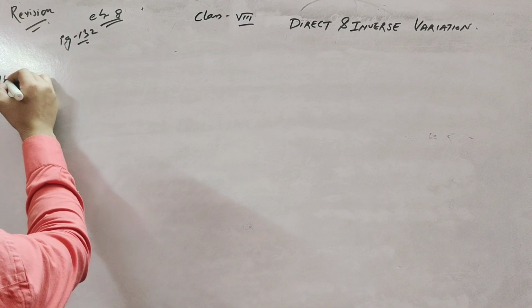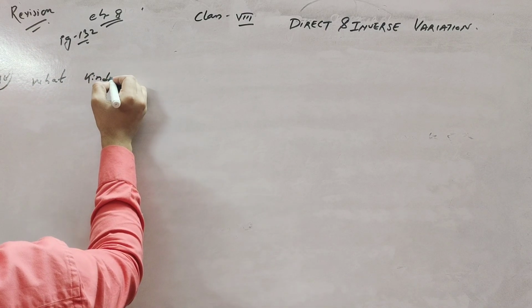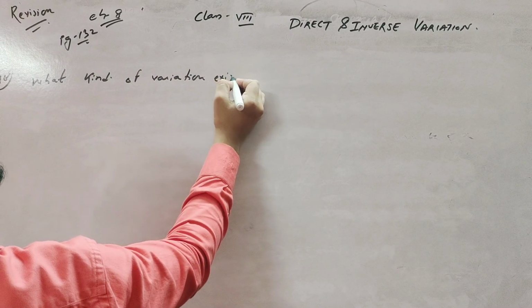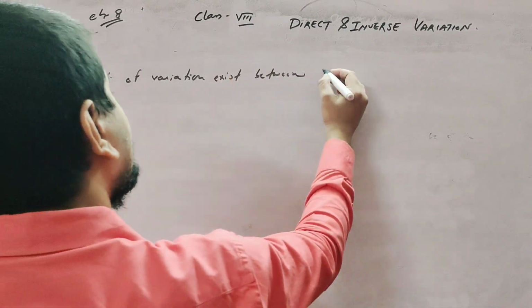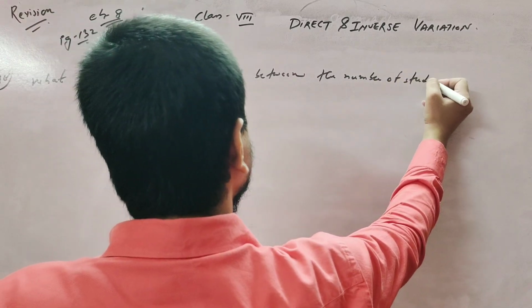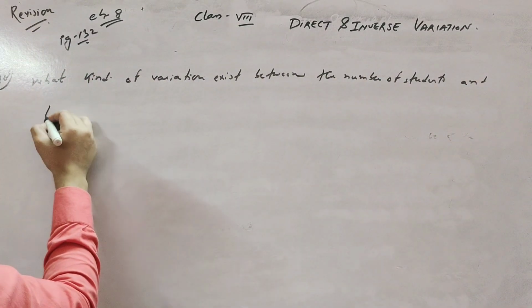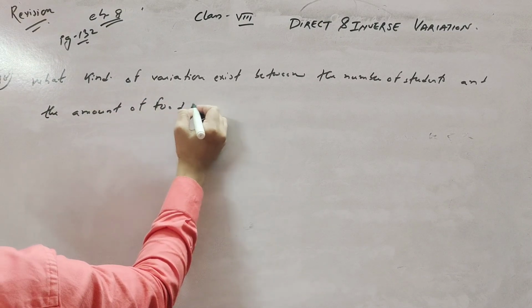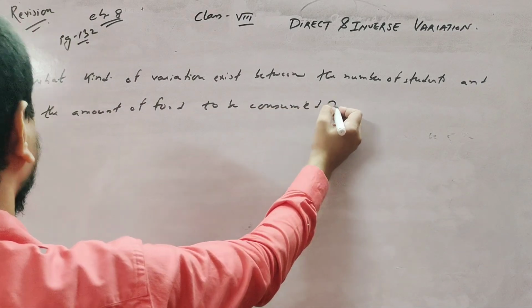Question number 10. What kind of variation exists between the number of students and the amount of food to be consumed?